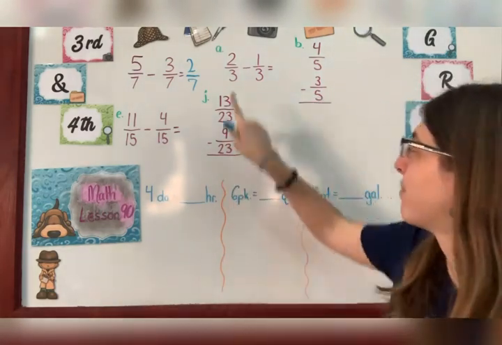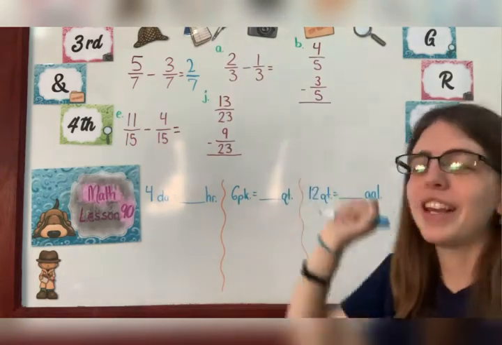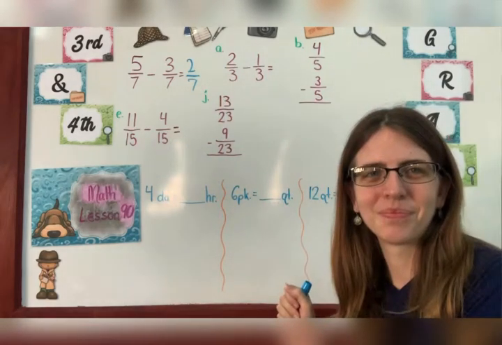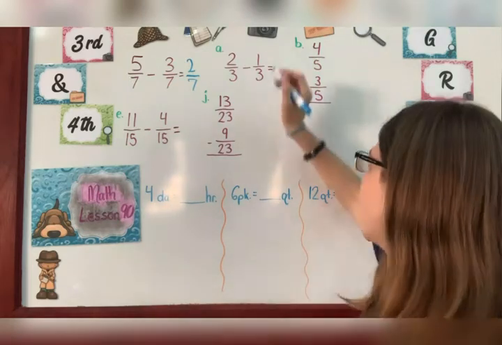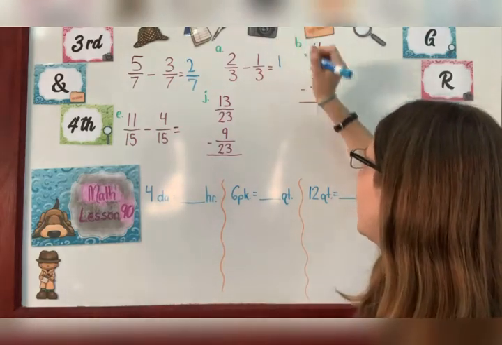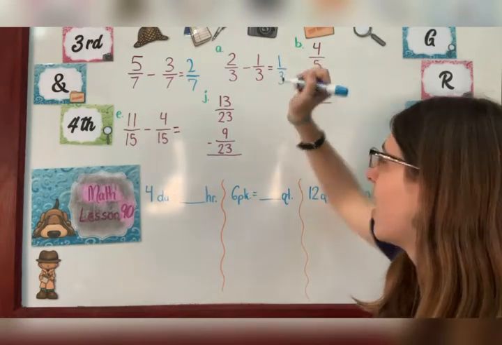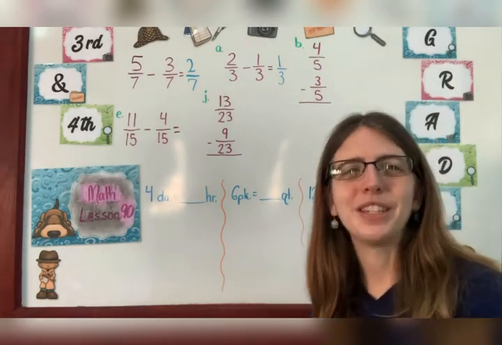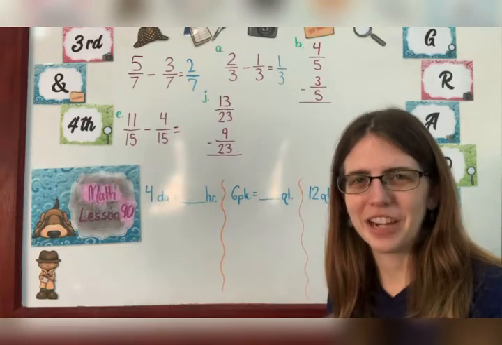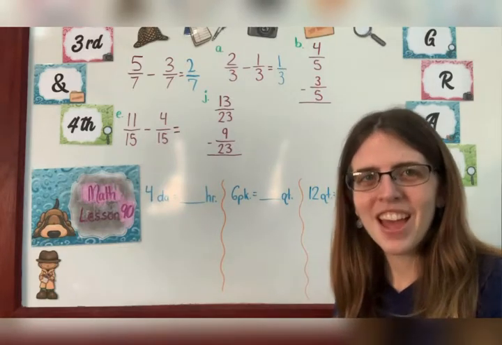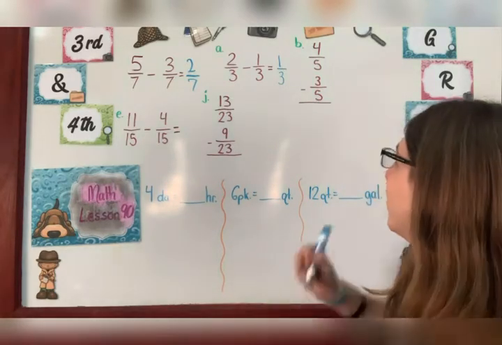Well, let's see. 2 minus 1 is 1. Very good. And what's my denominator? 3. Excellent. Not 0, because we don't change the denominator. It stays the same.